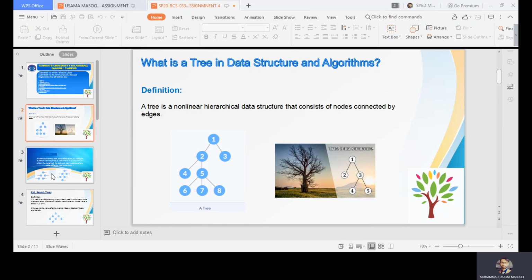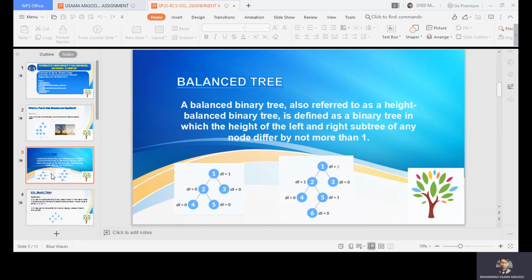Okay, let's move to the first type of tree, that is the balanced tree. Looking at the definition, a balanced tree is referred to as a height-balanced binary tree.